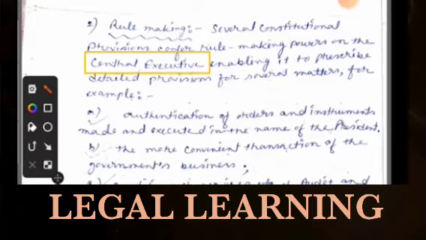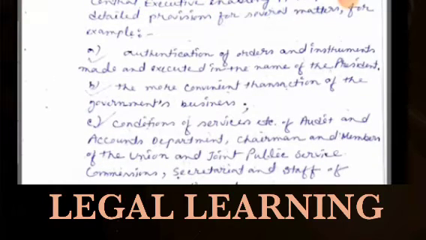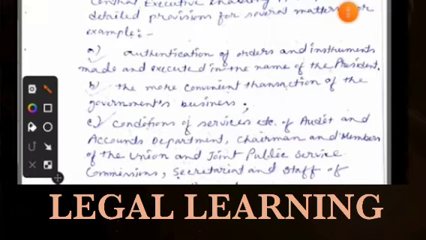For example, what are those matters we need to see? Authentication of orders and instruments. This is very important. There is a section, I think 86, I forget the section. Authentication of orders and instruments made and executed in the name of the President. Every instrument shall be made and executed in the name of the President, for the more convenient transaction of government's business.